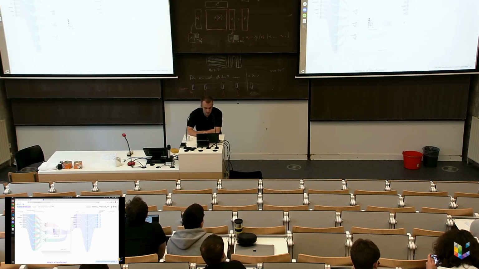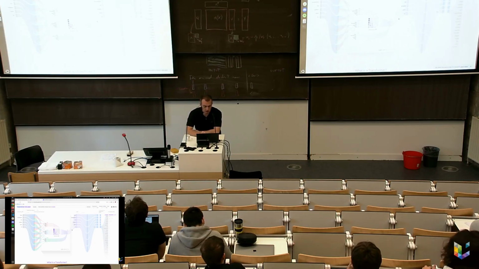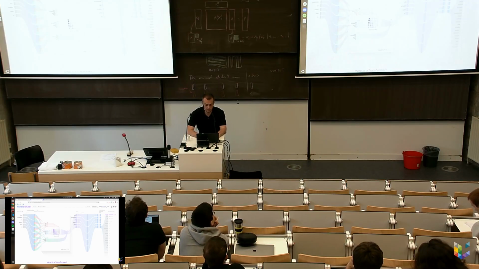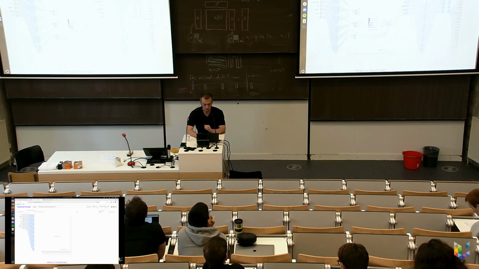Okay, so this is a JavaScript demo of a decoder-only transformer, in which you can feed as input any sentence. For example, the animal didn't cross the street because it.